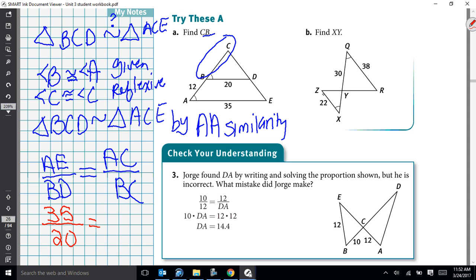So what do we do to get the length of AE?